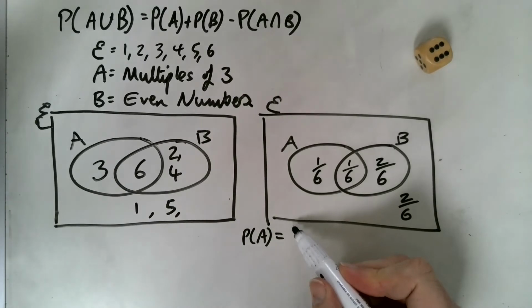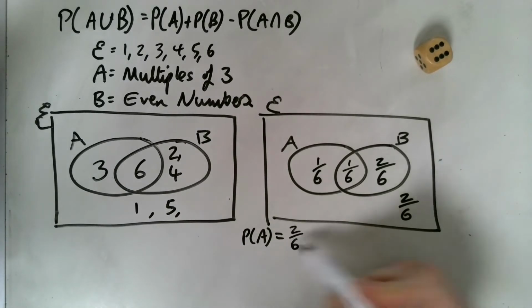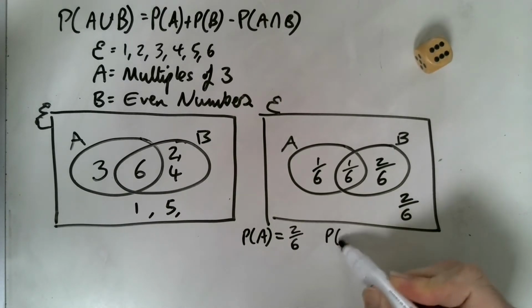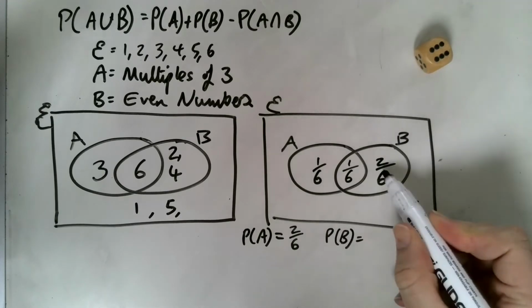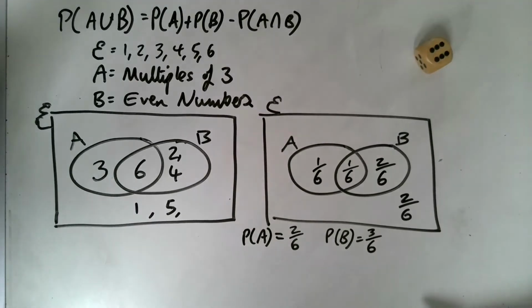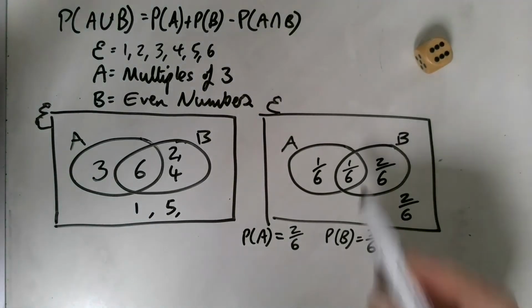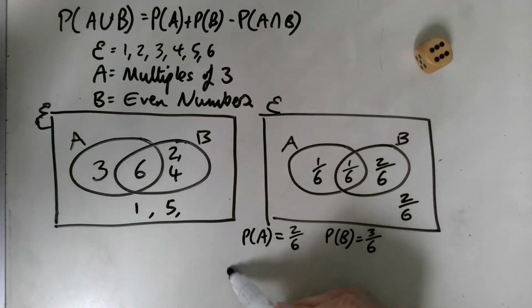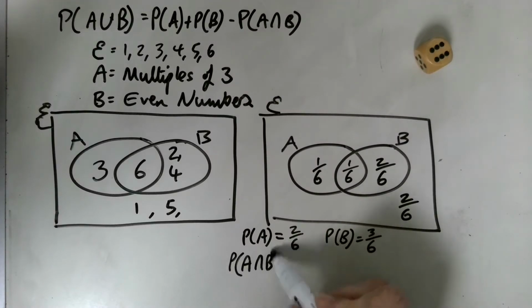There are 2, aren't there? There's a 3 and a 6, so that's 2 out of 6. I know the probability of B, that's 2 out of 6 plus 1 out of 6, making 3 out of 6, or a half.